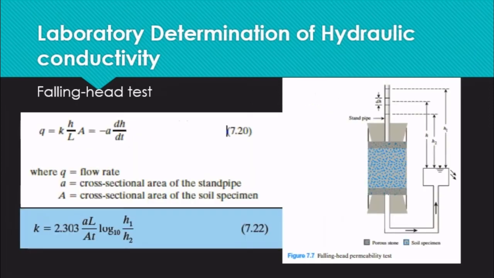And then, ito naman yung falling head. So, meron kang i-introduce na standpipe. So, nandito yung water. So, may tubig dyan. And then, ayan, may tube dito, papunta dito. And then, may tumatapon. May kukolektahin ka din dito.